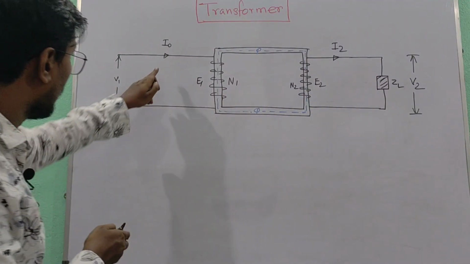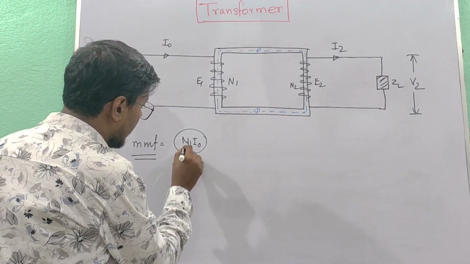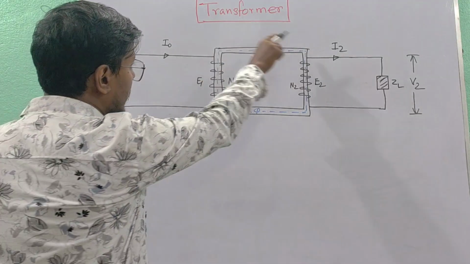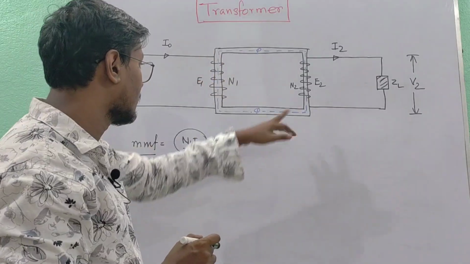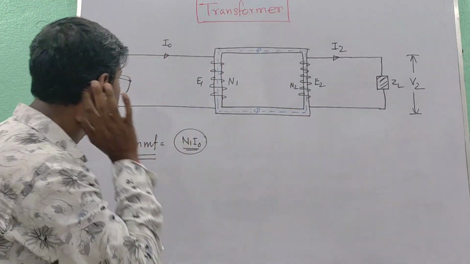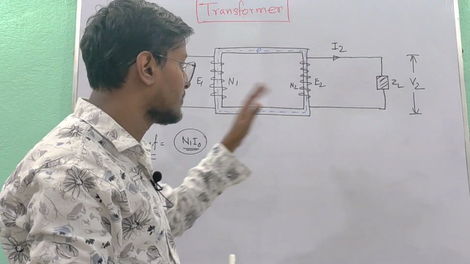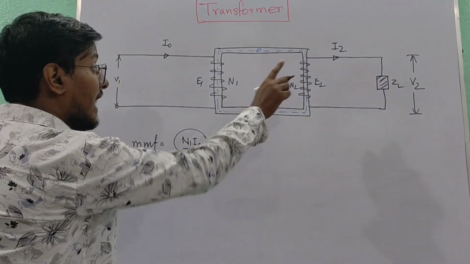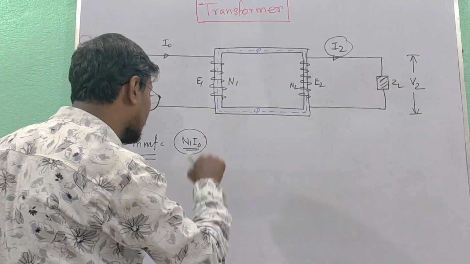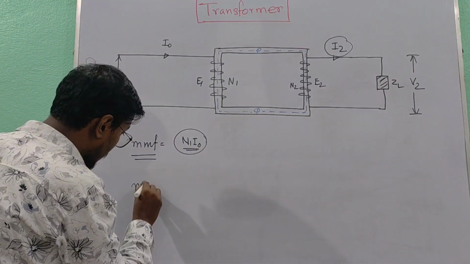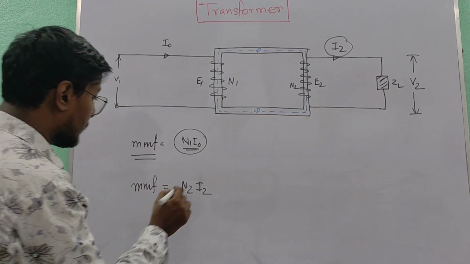Now remember, at no load condition, I0 sets up an MMF, the primary MMF N1 I0, which leads to a flux circulating in the core, and because of that the self-induced EMFs E1 and E2 are produced, as we have discussed so far. Now when the secondary is loaded, I2 will also set up its own MMF, N2 I2.